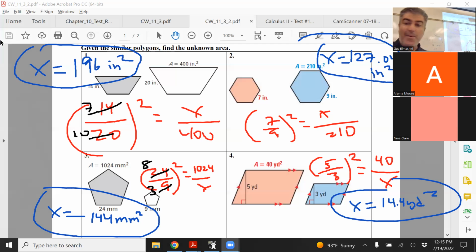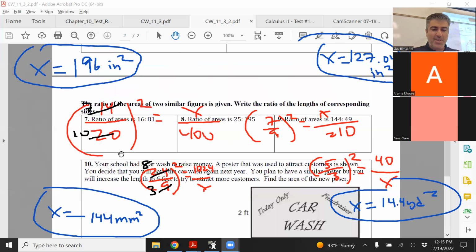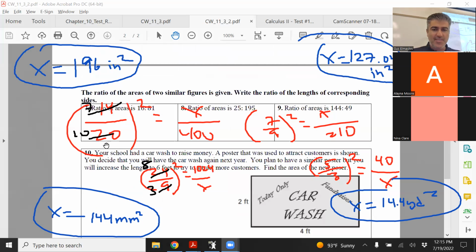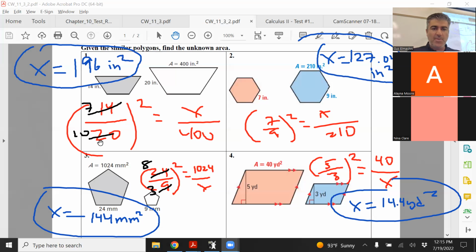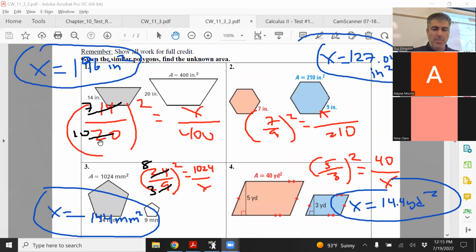I think I did this right. I hope so. Let's just double check the odds. Okay, good. But obviously I'm human, I can make mistakes.